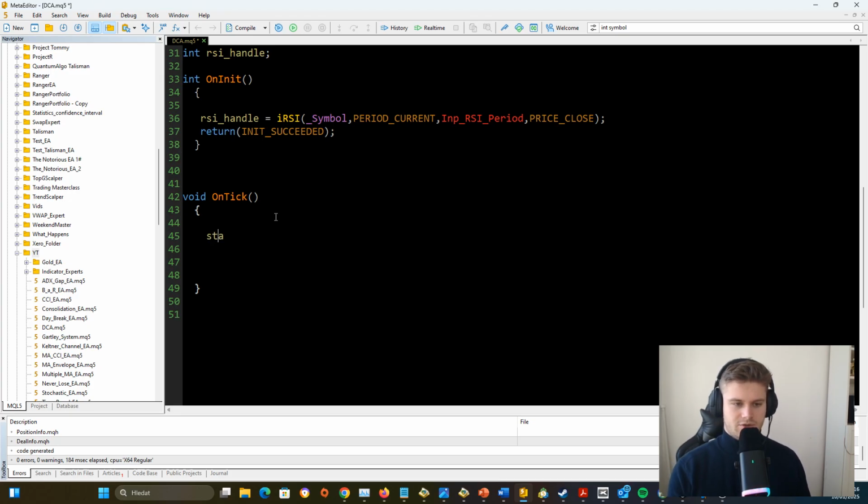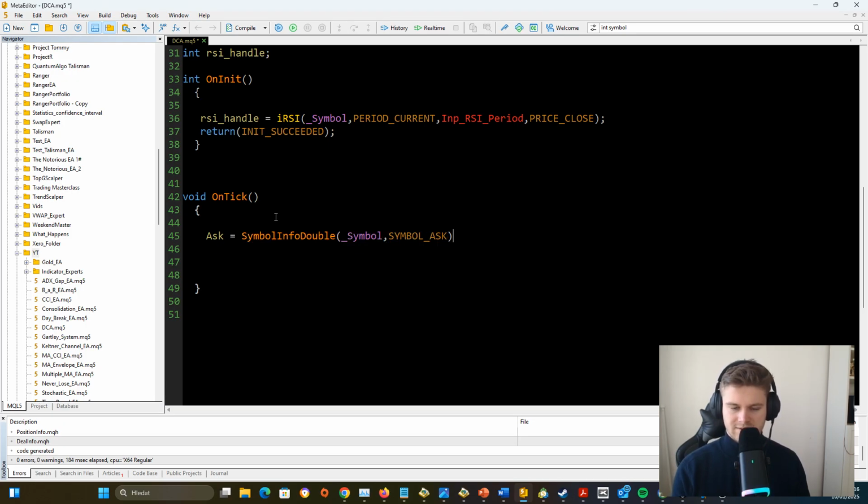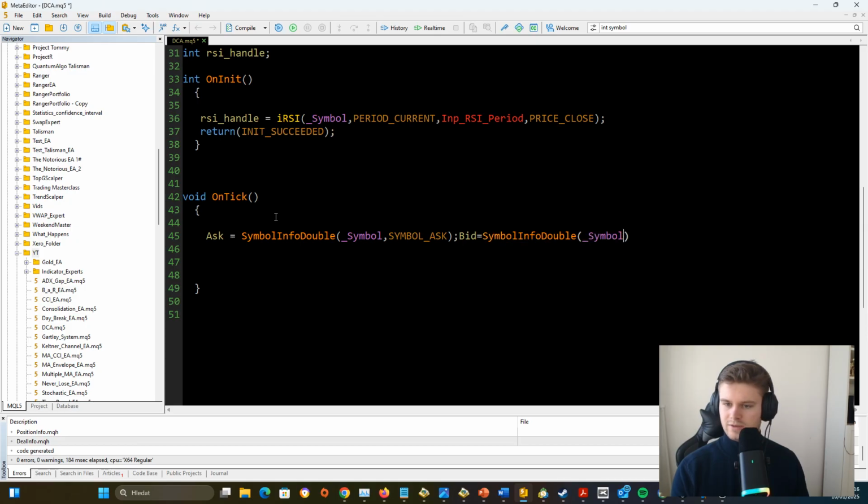let me just do a few things here. So first I will get the latest ask price, which is SymbolInfoDouble, current symbol, ask, latest bid price, which is equal to SymbolInfoDouble, bid price.